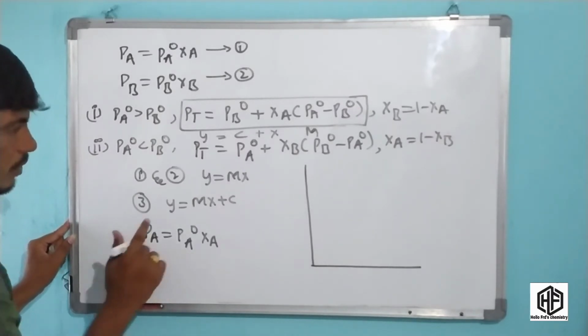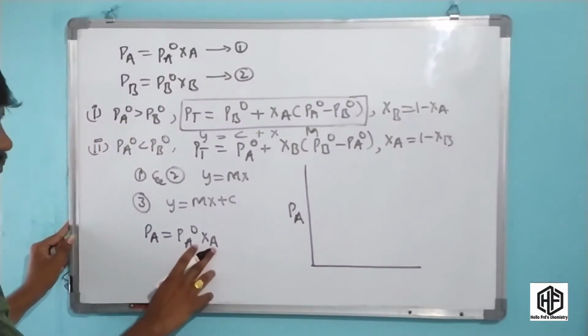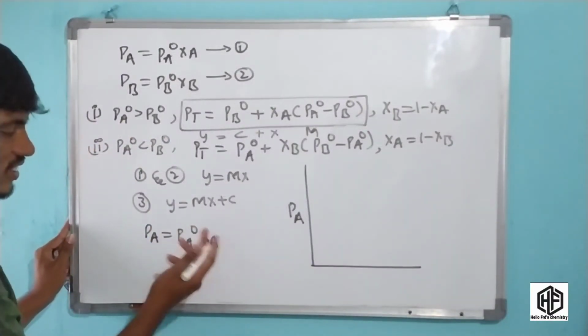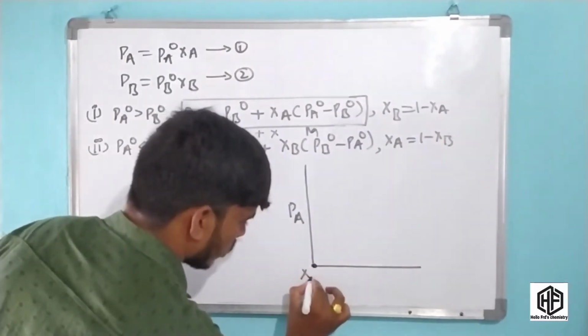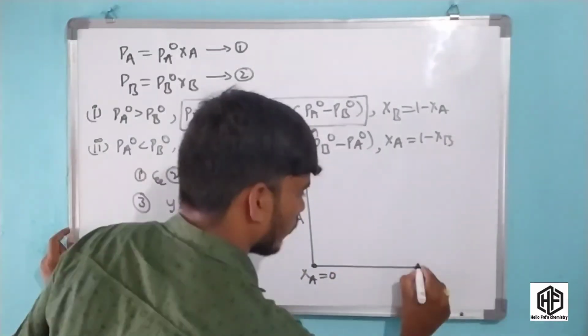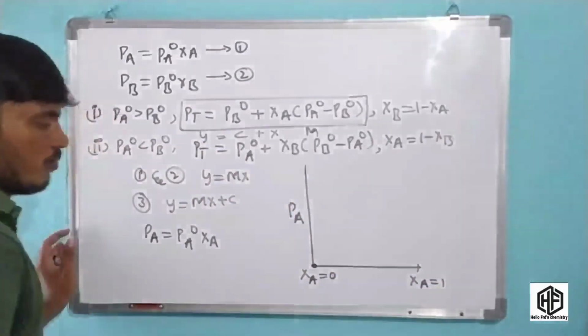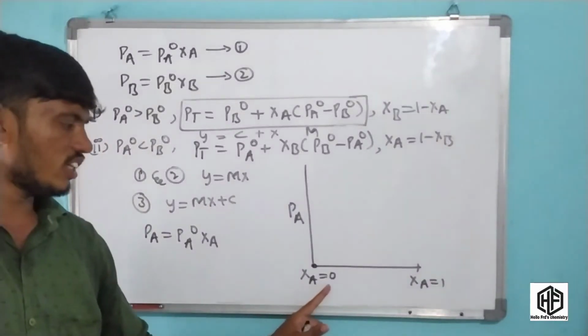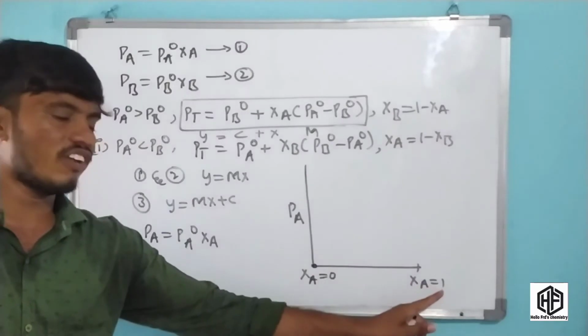Now the y-axis represents PA, and the x-axis represents the mole fraction zeta A. Initially, this point represents zeta A value 0, and in this point I represent the zeta A value 1.